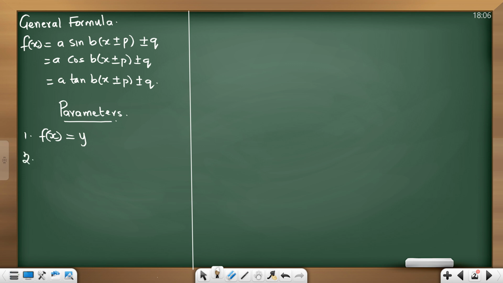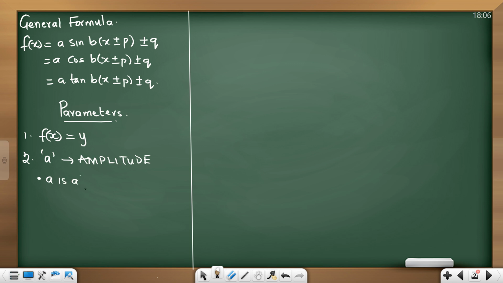Number 2, A. A is called the amplitude. If you do waves, this mustn't be new to you, especially waves in grade 10. All right, amplitude. What are the points we're going to know about amplitude?